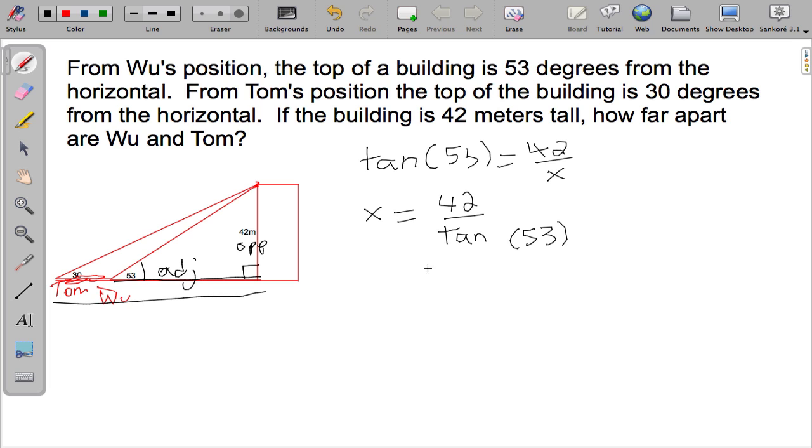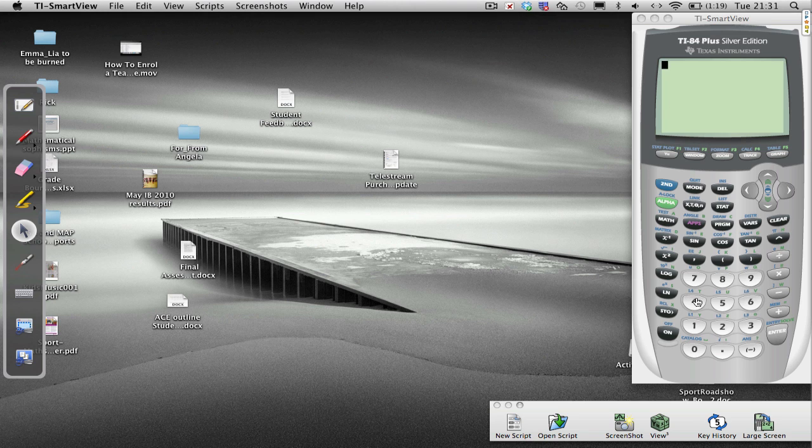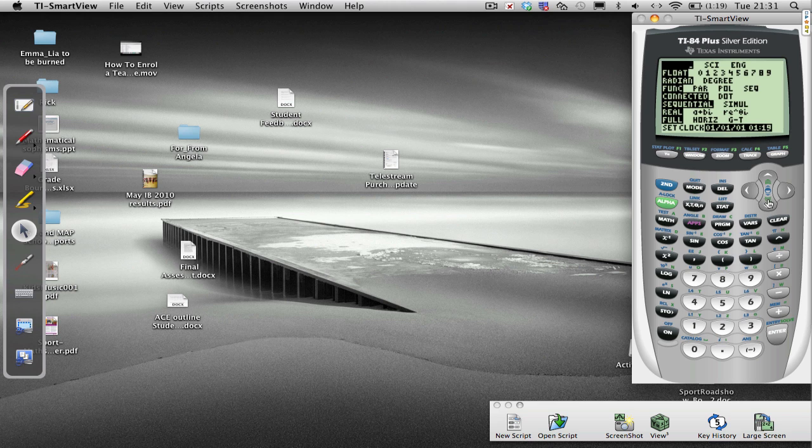Okay, so I'll grab my calculator. 42 over tan 53. 42 divided by tan 53, and make sure that I am in degree mode. And 31.6. Okay.